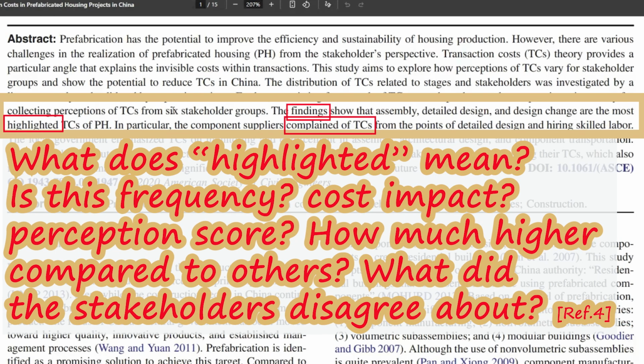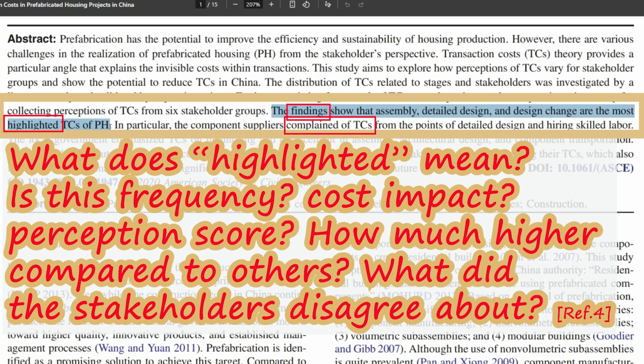Findings are also very short and remain vague, as you can see here. The findings show the assembly detail, design, and design change are the most highlighted TSEs of PH. So what does highlighted mean? Is this frequency, cost, impact, perception score? How much higher were these compared to others? What did the stakeholders disagree about? What was surprising?